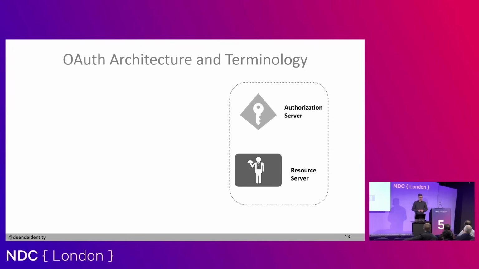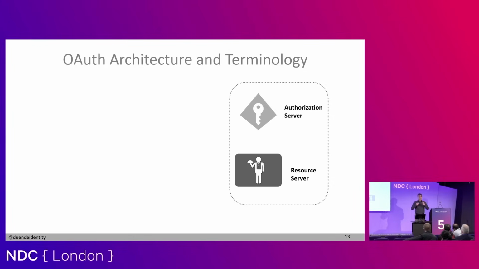That's why the OAuth architecture, and now I'll be using the terms from the OAuth 2 spec, which are maybe not the most natural terms to use. We will call the API now a resource server, and there is an authorization server. And they typically work together.